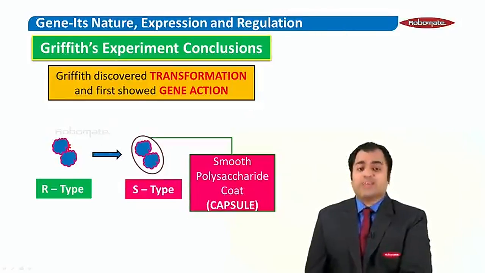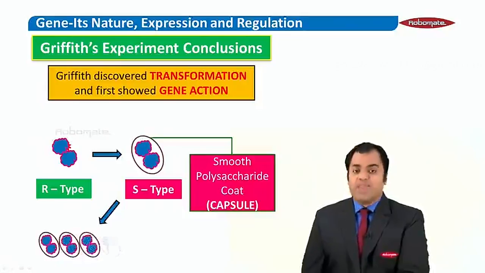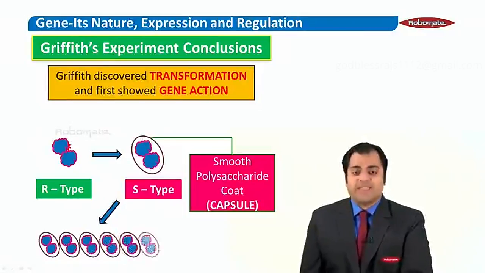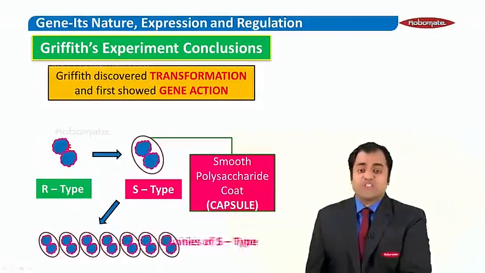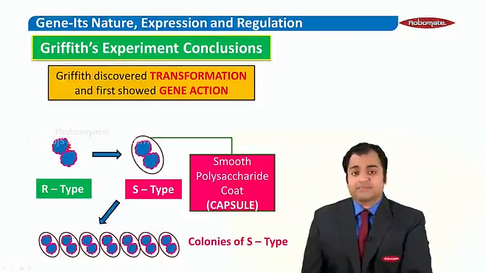Now this S-type will then be transmitted to the next generation, and what you will see are many colonies of the S-type bacteria. Is it okay? Which means this transforming principle has to be the genetic material.